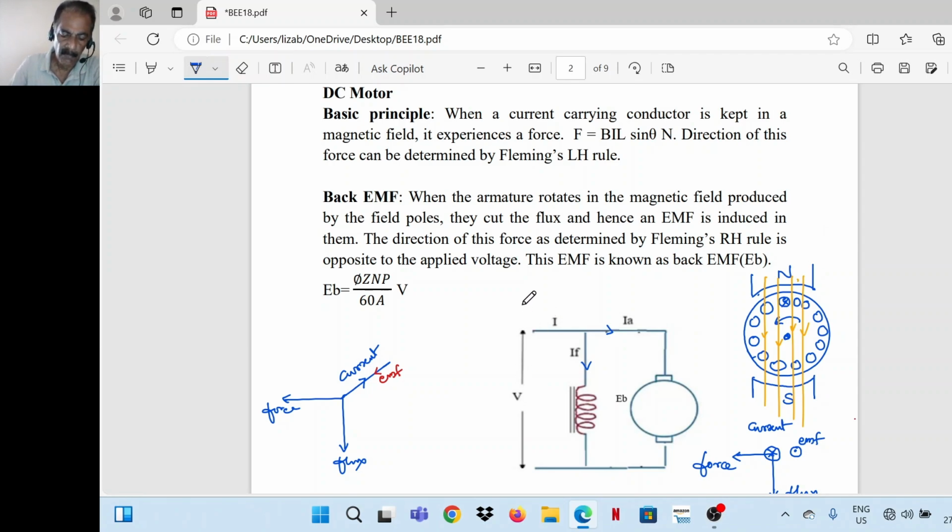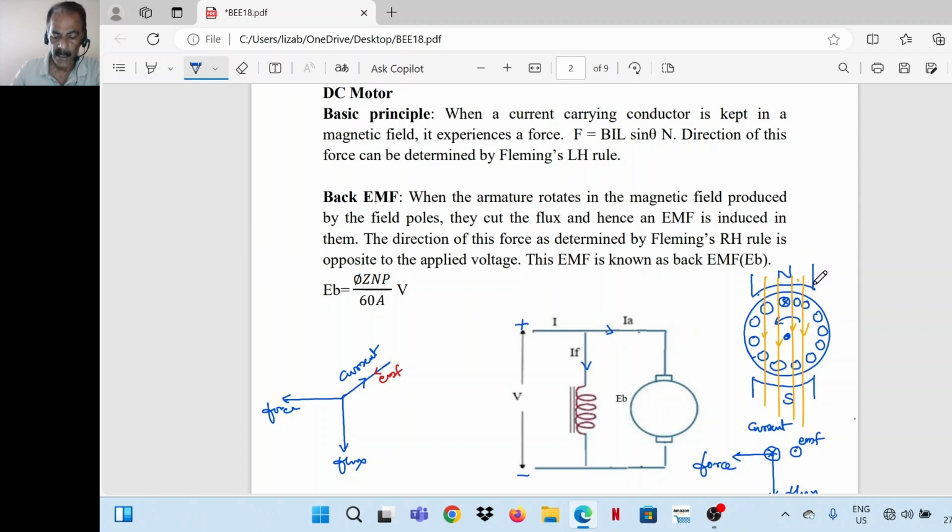When we apply voltage across the motor terminals, a current will pass through the field winding. So this will produce the necessary magnetic flux. At the same time, a current will pass through the armature also. So armature conductors are carrying current, and armature is in a magnetic field produced by the field poles.